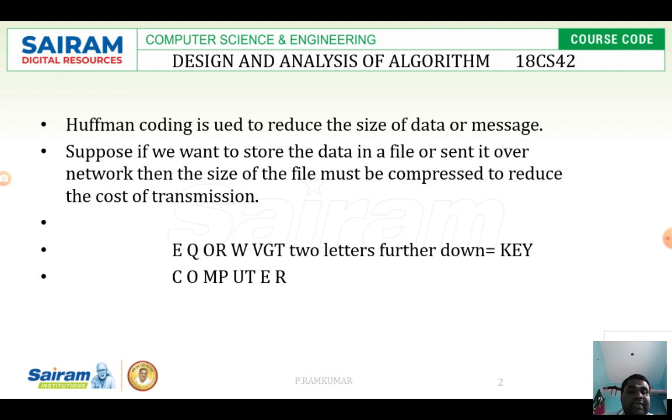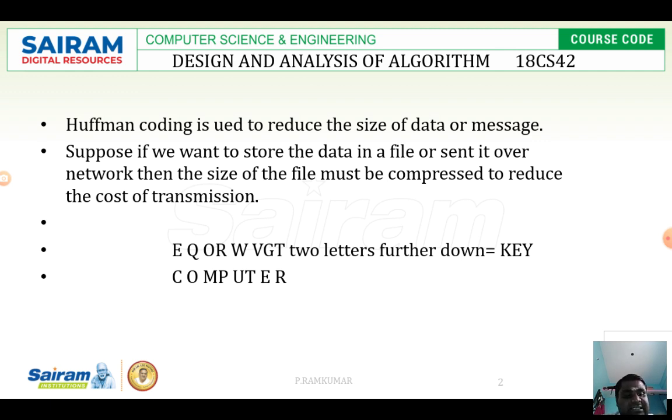So here C will be replaced by E, O by Q, M by O, P by R, U by W, T by V, E by G, and R by T, since each and every letter has been replaced by the letter standing two places further down. That is the key with which I am encrypting the message.